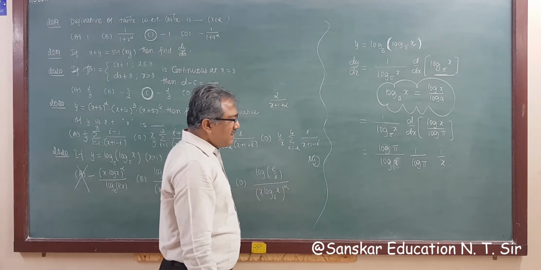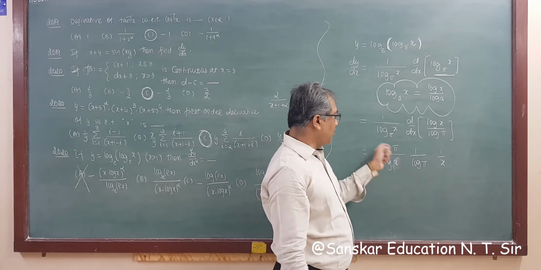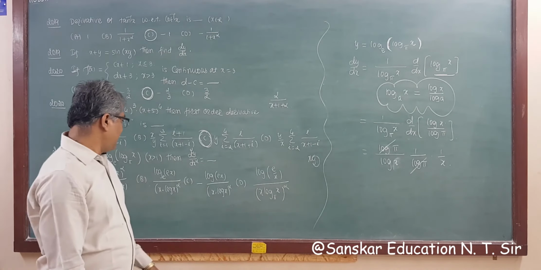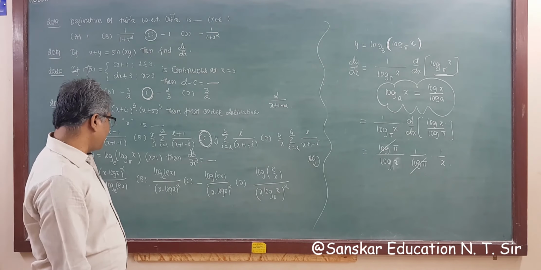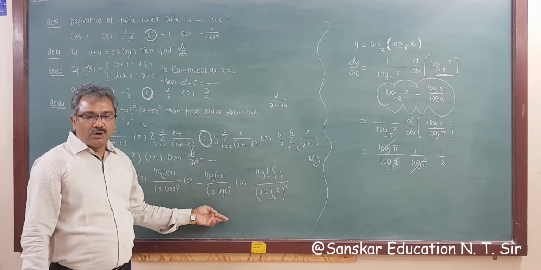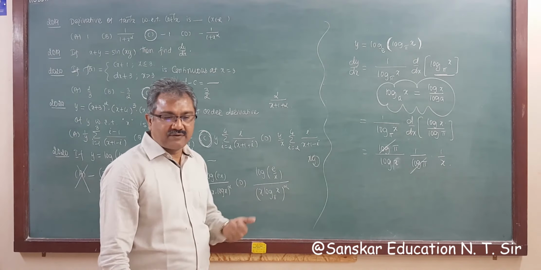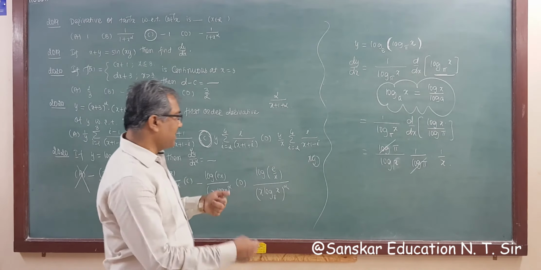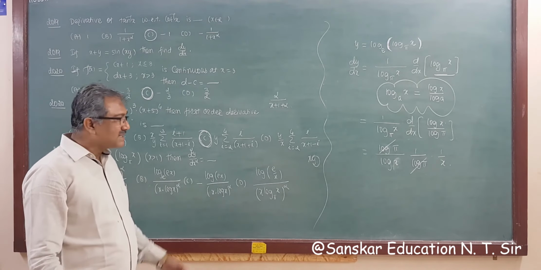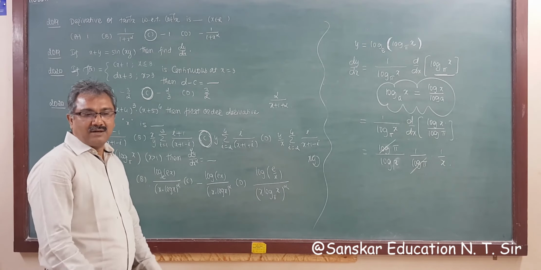If we apply the change of base rule, this is log x upon log pi, and log pi will be cut. So we get x into log x whole square. How do we get this?